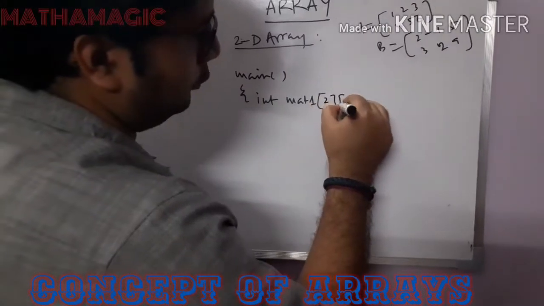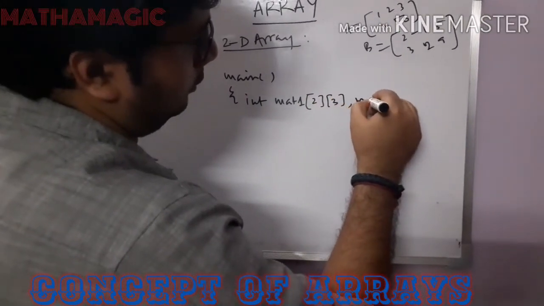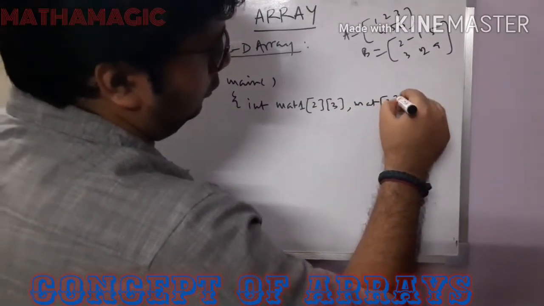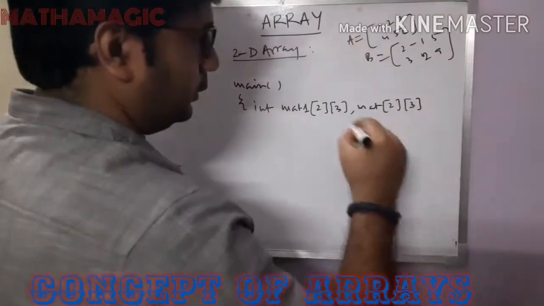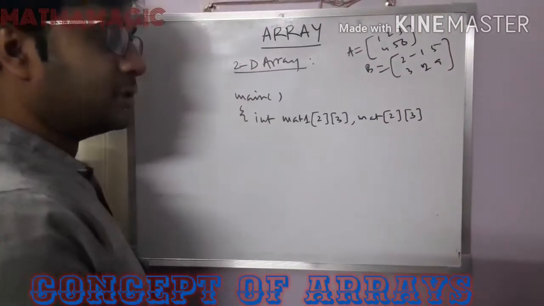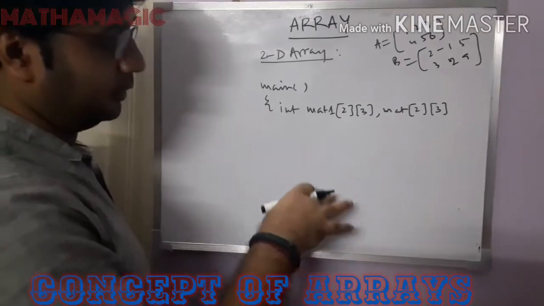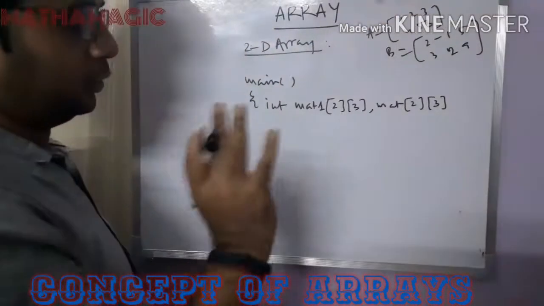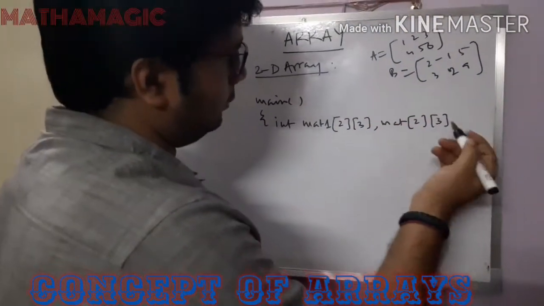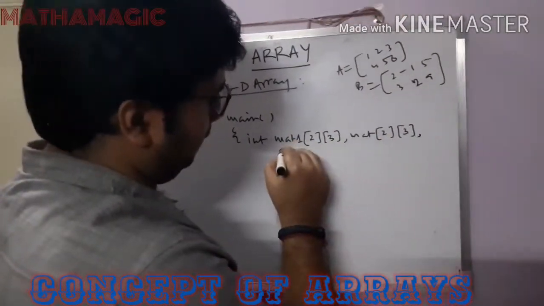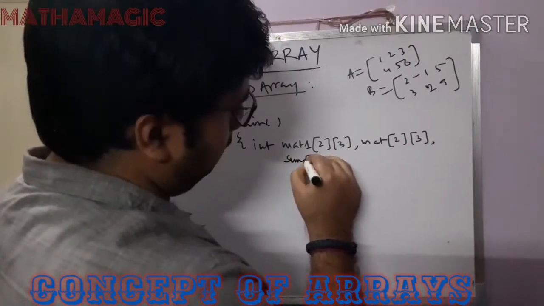So it will be 2, 3, mat2 2, 3. We'll use the for loop for the purpose of, we can directly do this, but we will not do directly. We'll just use the for loop, and this is the sum matrix. So it will be sum 2, 3.